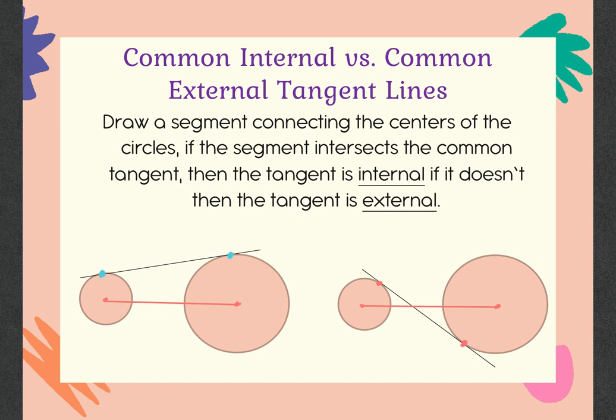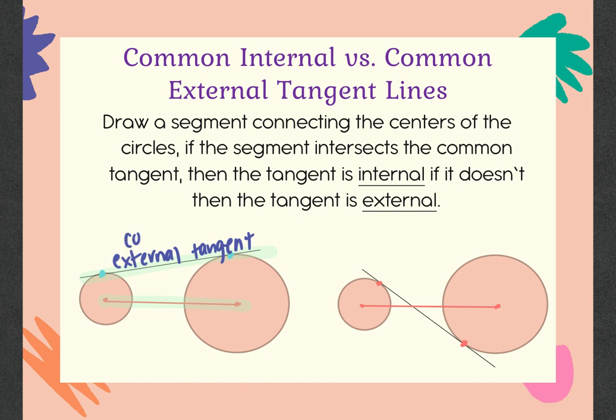Looking at the diagram on the left, does the segment I drew intersect with the common tangent? Yes. The one on the right, does this intersect this? No. So this would be a common external tangent. I think of it just like the line is on the outside. It doesn't pass through the middle of them.